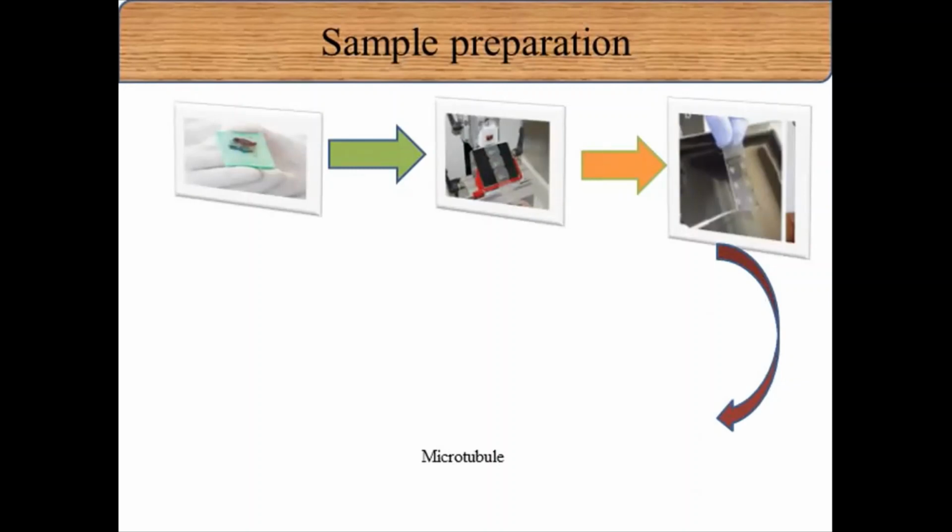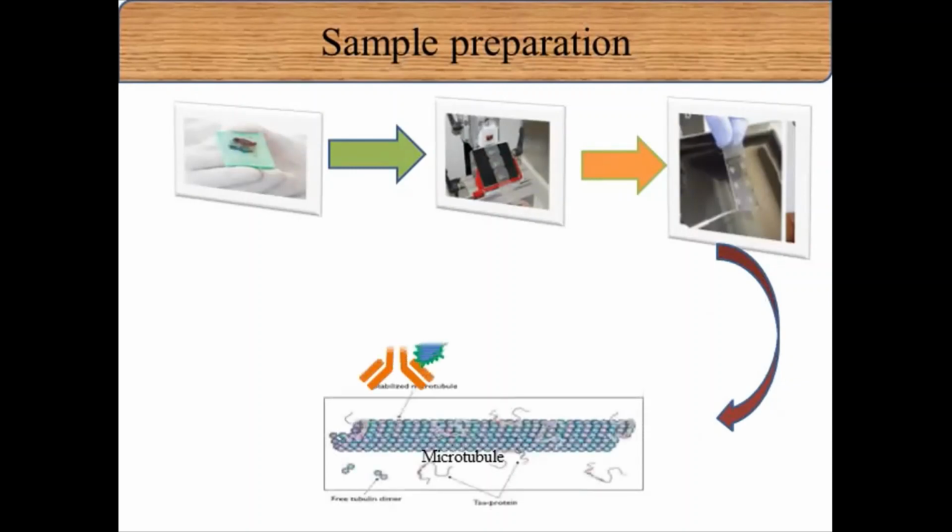First, we have to check the distribution of protein in microtubules by direct immunofluorescence. Add fluorescent anti-microtubule antibodies on the thin slice of cells and incubate for some time.